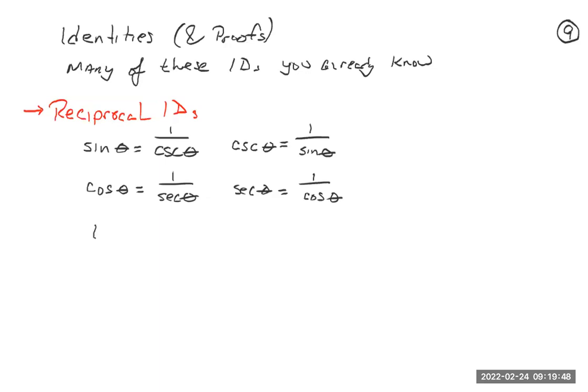And then we got our buddy tangent, who's always outside the fence, wanting to come in and play. That's 1 over cotangent, or the reciprocal of cotangent. So it's no surprise that cotangent is 1 over tangent, or the reciprocal of tangent.